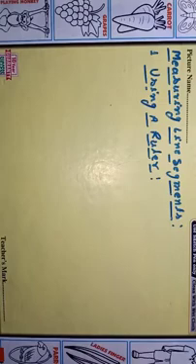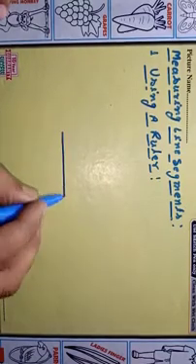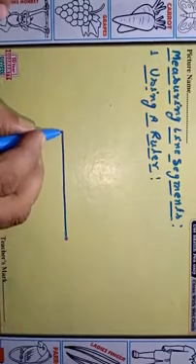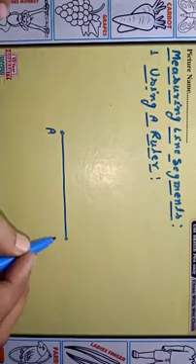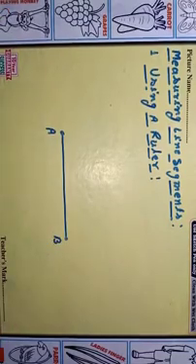Now the next topic is measuring a line segment. Suppose a line segment AB is given, and we measure this line segment. So first, using a ruler or scale. Do you know what a ruler is?